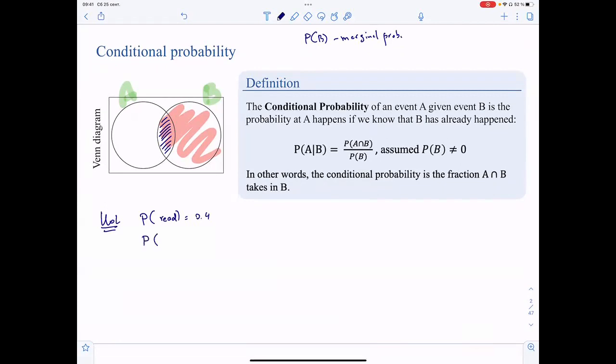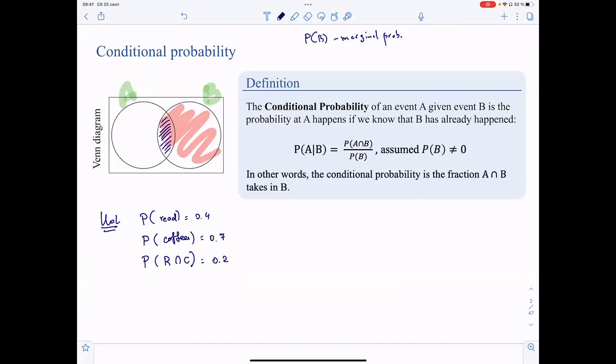Say you drink coffee with a probability, say, 70%. And you basically read and drink coffee simultaneously with the probability 20%.